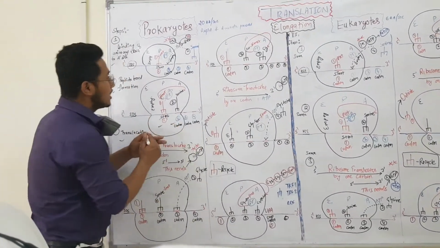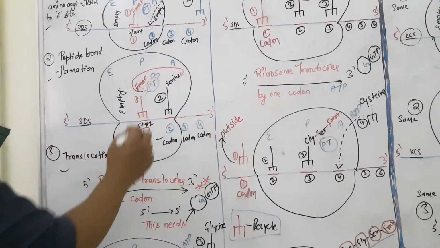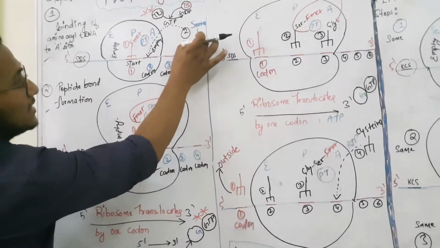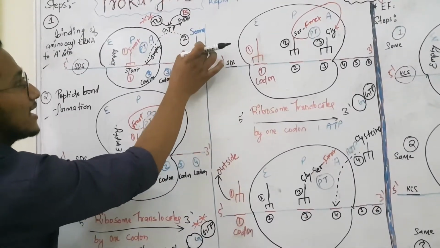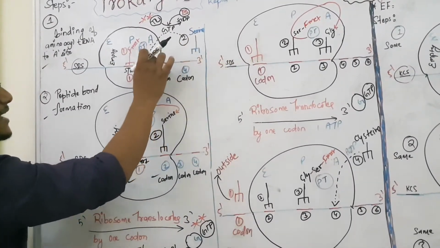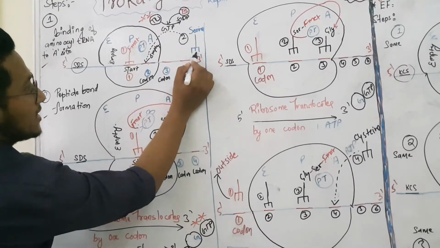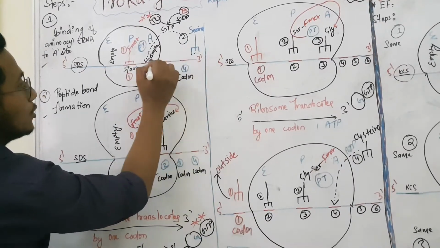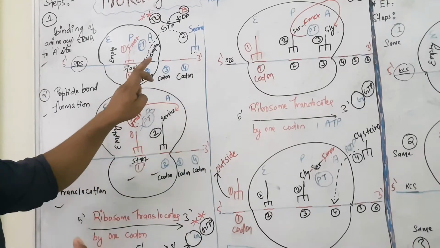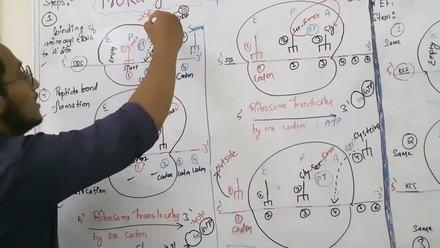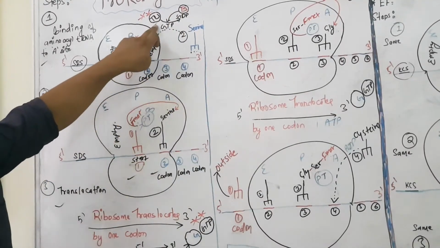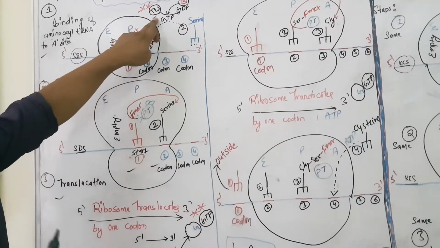to move ahead. But one thing I forgot to mention is that whenever the new incoming tRNA with the amino acid enters into the A site, the base pairing of these anticodons to the codon requires energy, and that energy is provided by elongation factor Tu in case of prokaryotes, which is a GTPase protein.